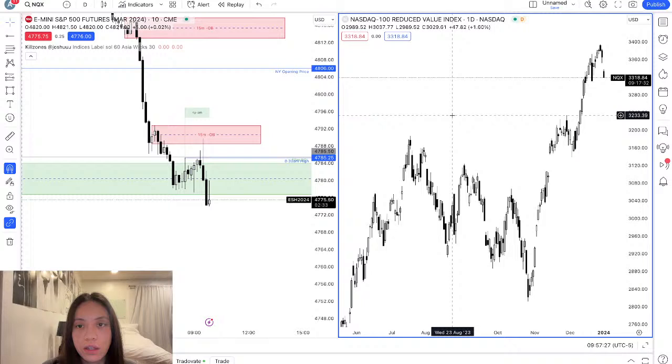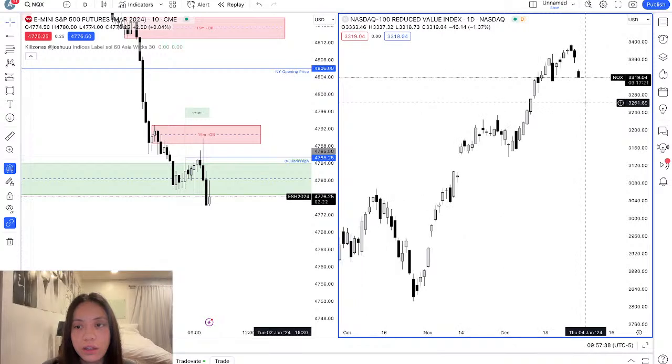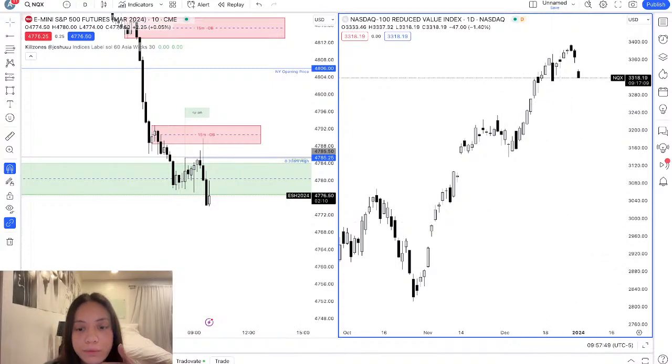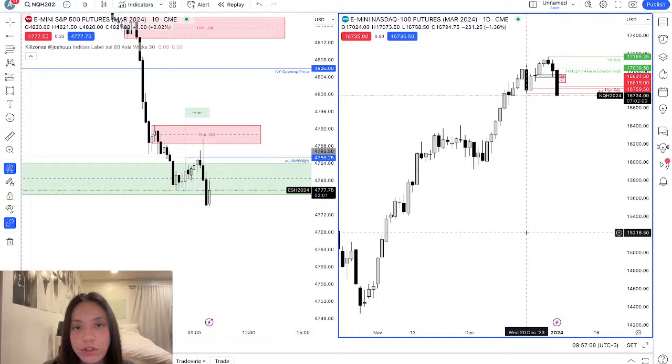Looks like we gapped down, but a lot of times with a gap, we'll either run away from it completely, or we retrace back inside that gap to fill it. So that's all I was looking at. But I trade futures, so I'm in the March contract. This is ES and this is NQ.